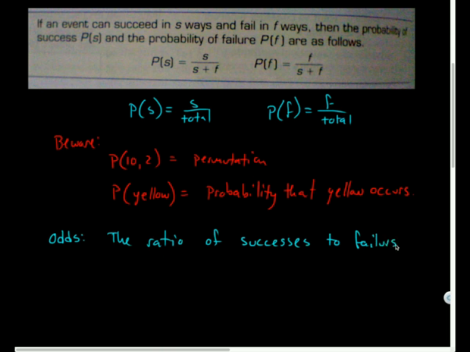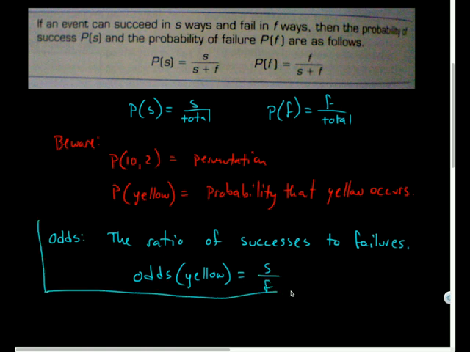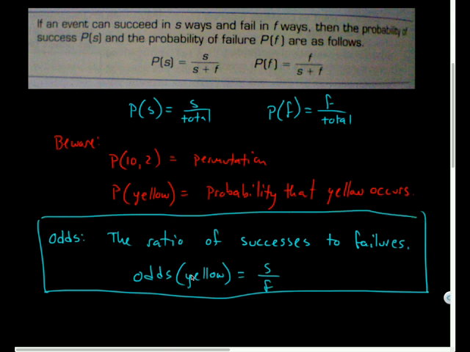Man, I just failed at spelling failures there. There we go. So odds of an event occurring, odds of yellow or whatever. Man, I can't spell yellow either. There we go. Would be the number of successes divided by the total number of failures. So odds is a ratio.